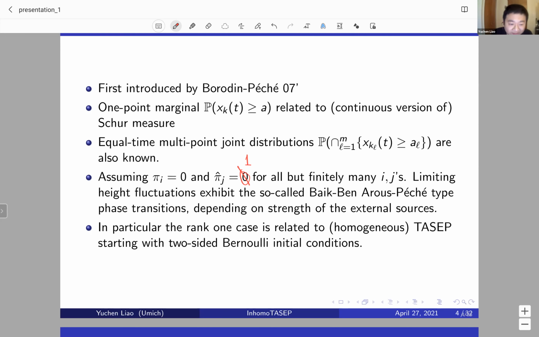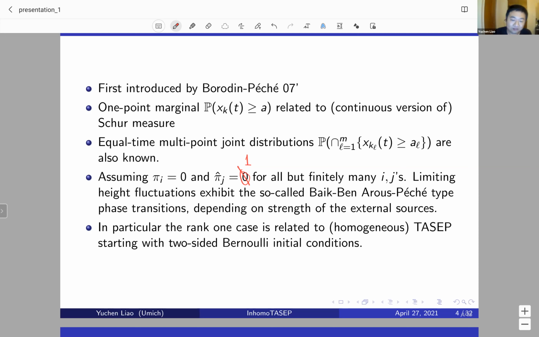Then the limiting height fluctuations exhibit the famous Baik-Ben Arous-Péché phase transition, where if the external source has a rate that's above some threshold, then everything is the same as uniform. If it's below the threshold, then basically the fluctuations are governed by random walks on this finite external source, so you get some Gaussian-type fluctuation.